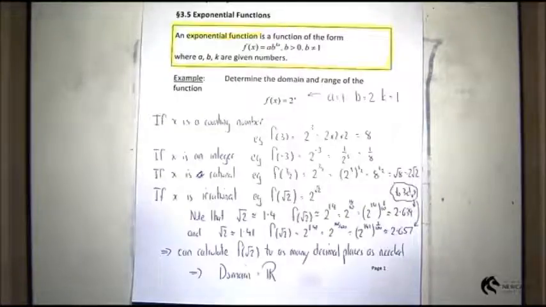And according to our index laws, 2 to the power 0 is 1. So the y-intercept in this case is 1. And so as I draw my graph, I can come up to here and say, look, I know it cuts the y-axis at (0, 1). So I know it passes through that point. Sitting there, it passes through (0, 1). So there's my first piece of information.